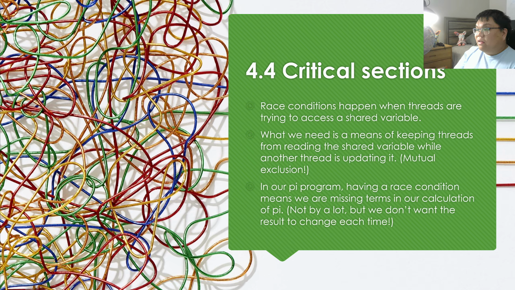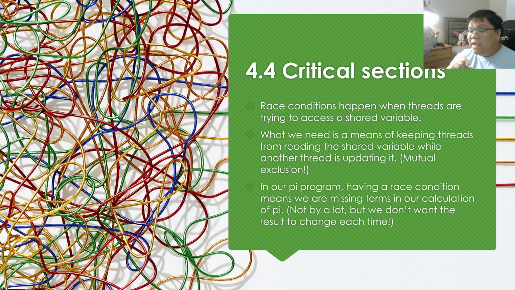Okay? Alright. So, to cap it all off, race conditions happen when threads are trying to write to a shared variable. We need a means of keeping threads from reading the shared variable while another thread is updating it. That is called mutual exclusion, often abbreviated as mutex.